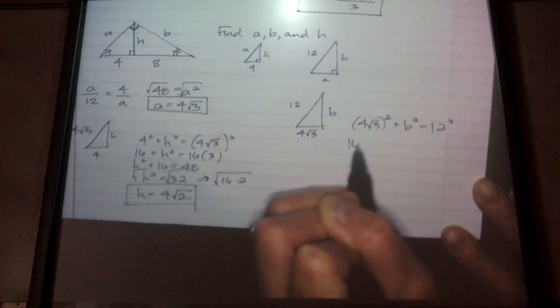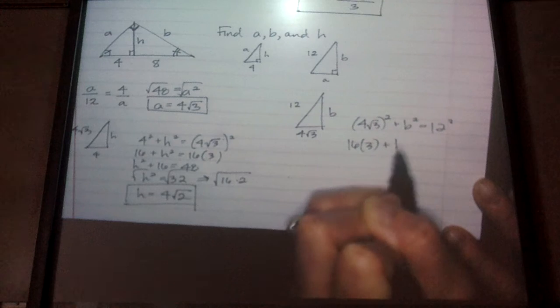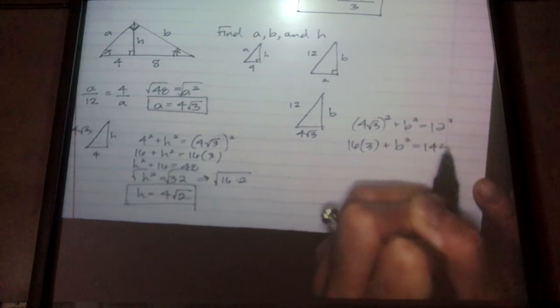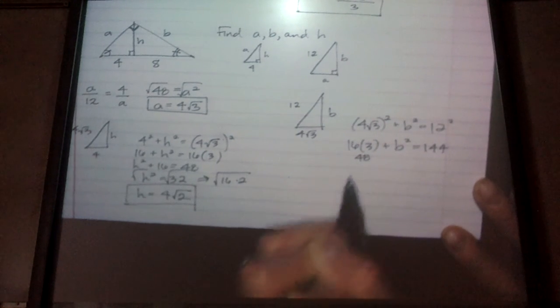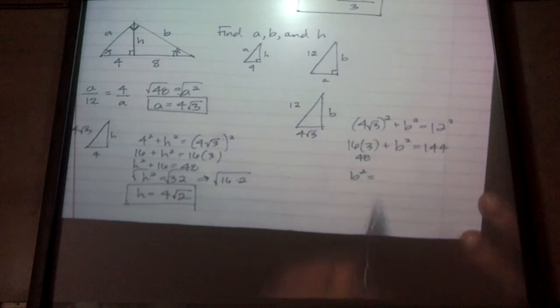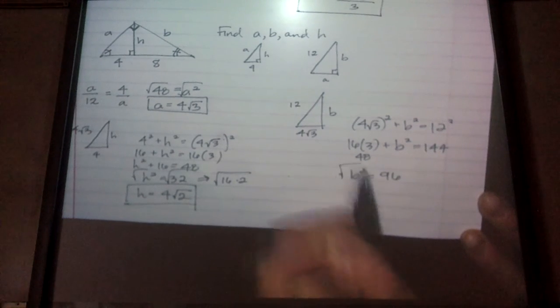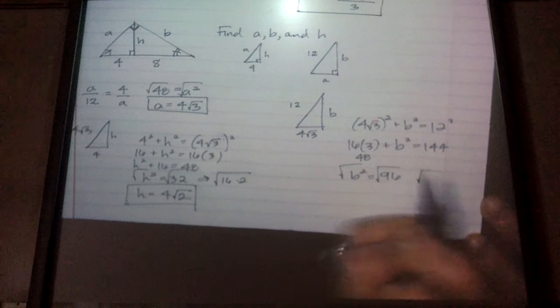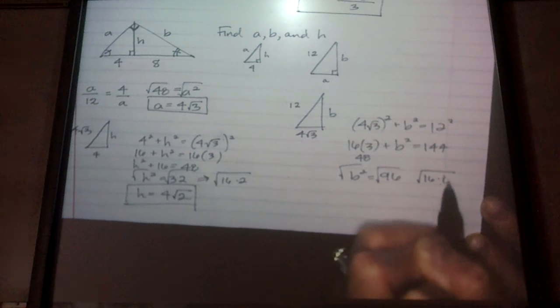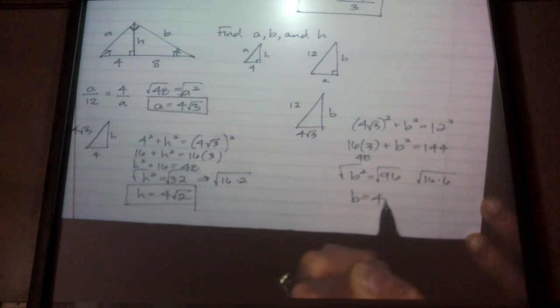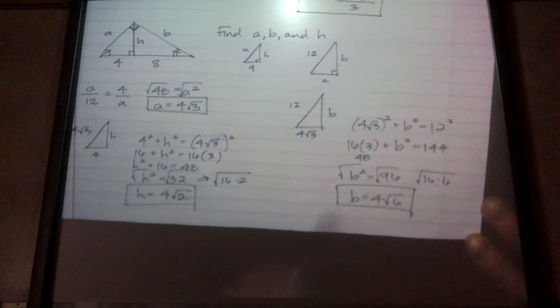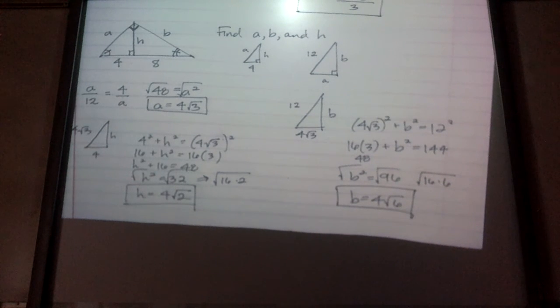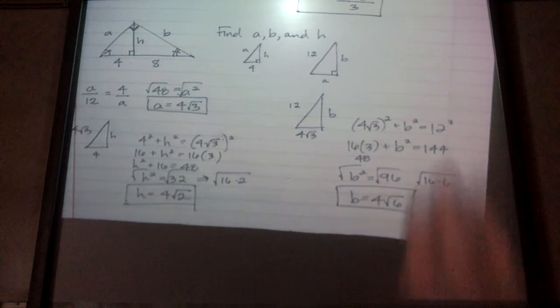So that's 16 times 3 plus b squared equals 144. We know this is 48, so b squared equals 96. Square root. 96 is the same as 16 times 6, so b equals 4 root 6. Okay, so you have A, B, and H.